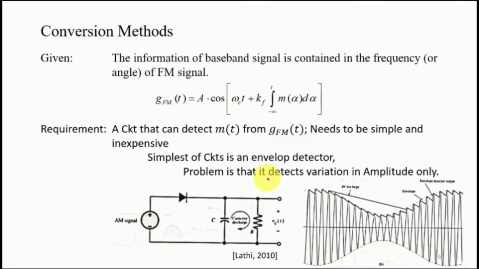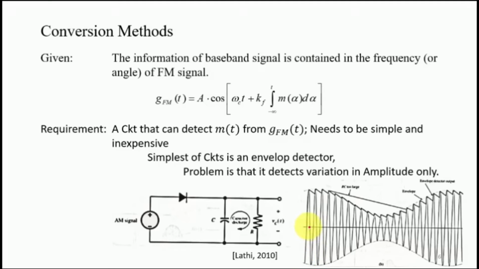Just one quick review. In the envelope detector, you have these ripples, and these ripples are basically nothing but RC constants, or usually we call them by a time constant tau. So depending on the values of R and C, you would have these waveforms. So what is this representing? This is representing an incoming signal.